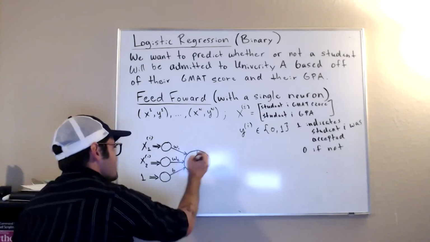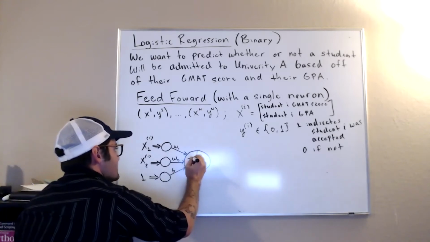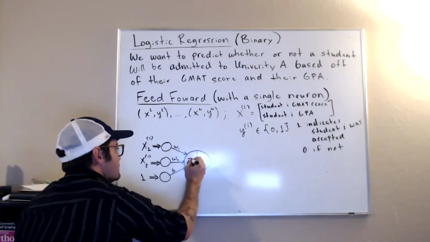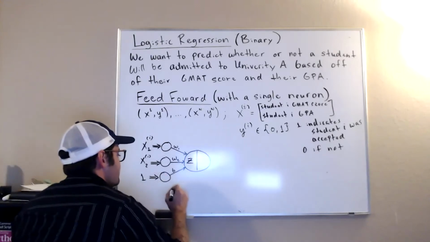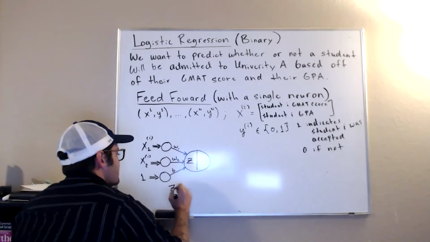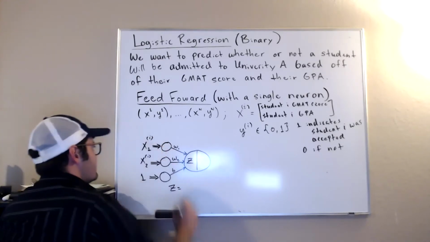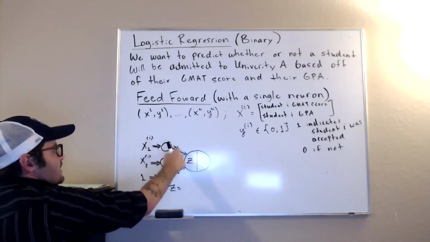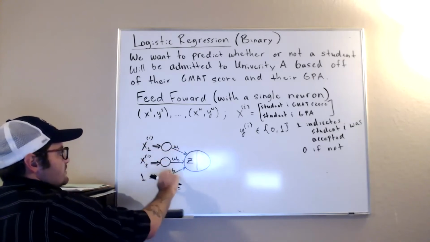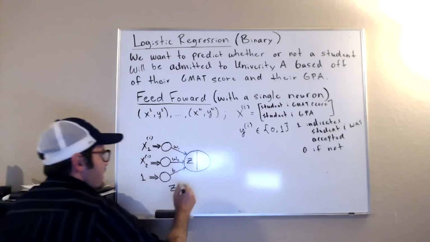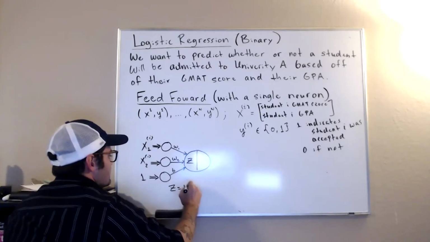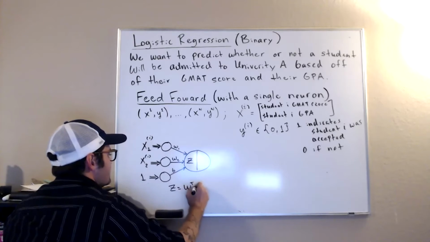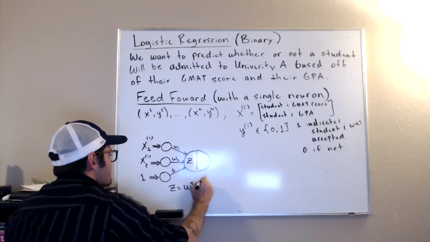What we're going to do here is say that as the input to this neuron, we have Z. And what is Z? Z is just a linear combination of these values: x1 times w1, x2 times w2, 1 times b. And you add those all together, so that will look like w transpose times xi.